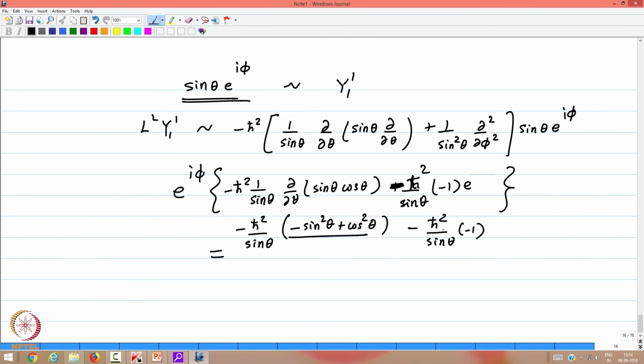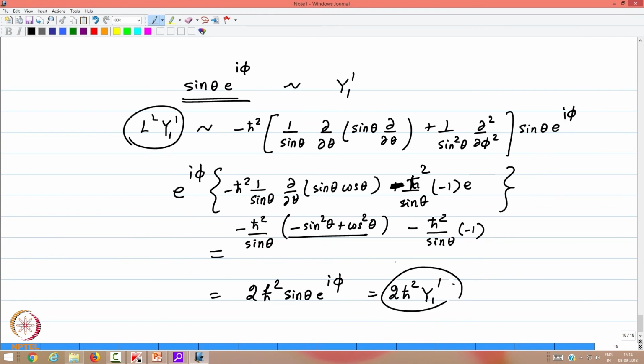So, you can see that 1 minus cos square theta is sin square theta. So, you will get 2 sin theta. Eventually, when you do the algebraic simplification, this gives you 2 h bar square sin theta e to the I phi, which is nothing other than 2 h bar square y1 1. So, L square on y1 1 gives you L into L plus 1 h bar square y1 1.